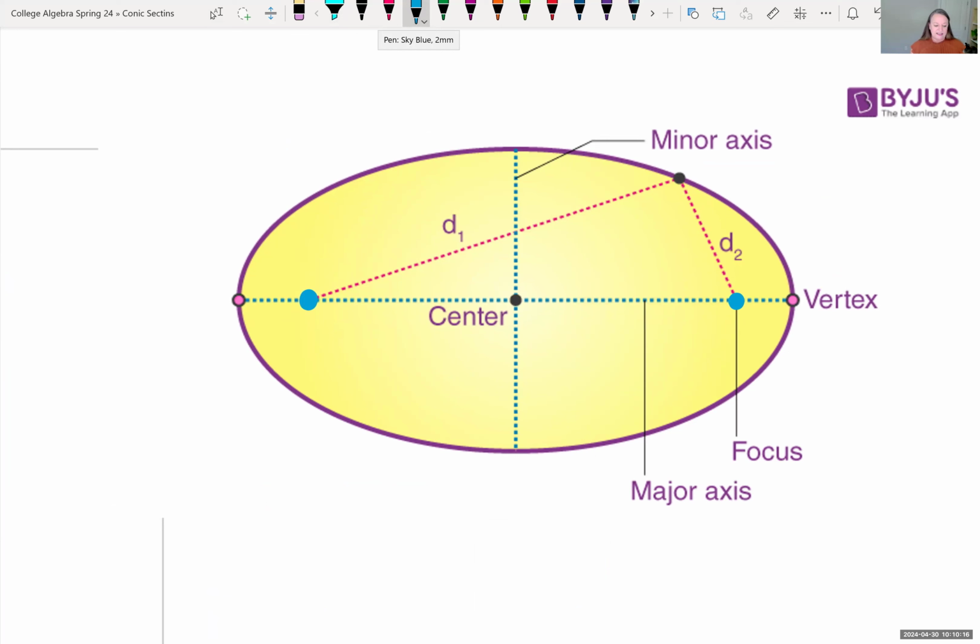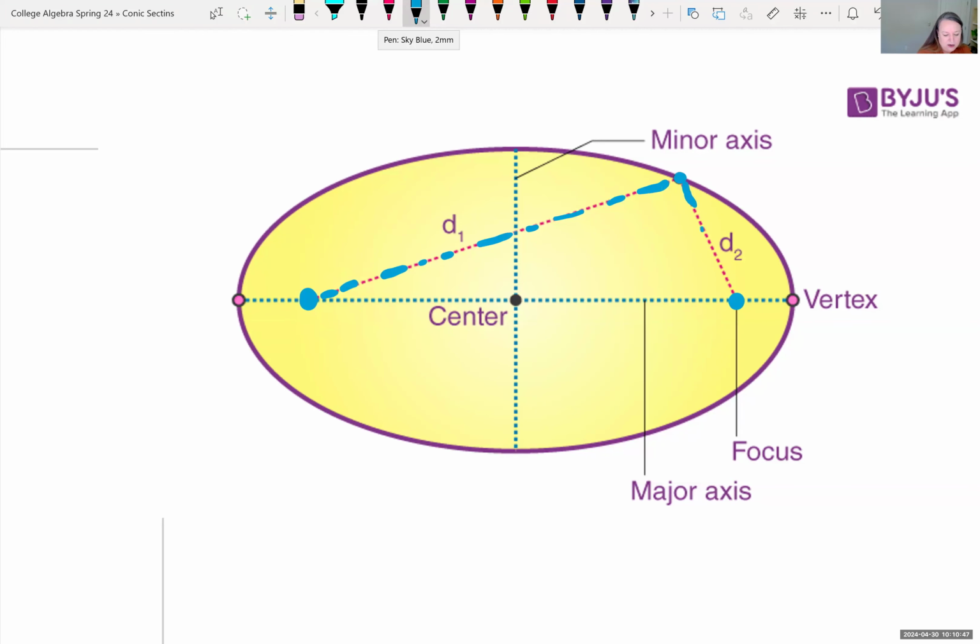Think of it as maybe you have 2 tacks and a loose string, and each end of the string is tacked on here. Then we pull that taut, and as we pull it taut, we can move it around in an elliptical shape. Think of this right here as the string.